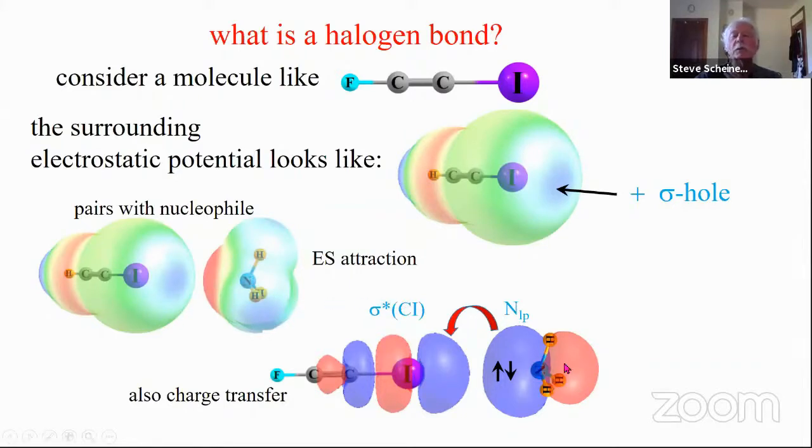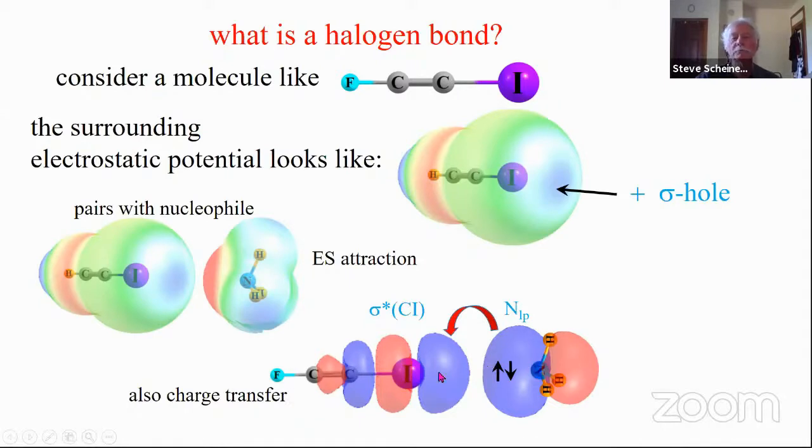And so down at the bottom, one of the factors of a halogen bond is an electrostatic attraction, positive to negative. Another one has to do with the orbitals. The ammonia molecule has a lone pair with 2 electrons.